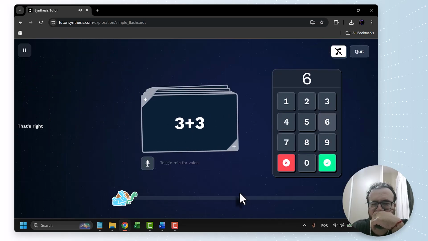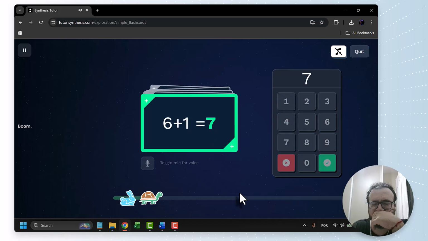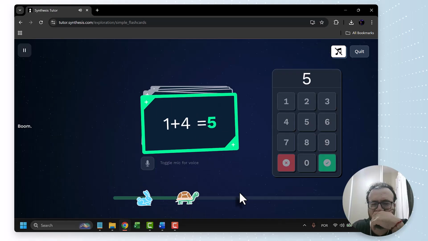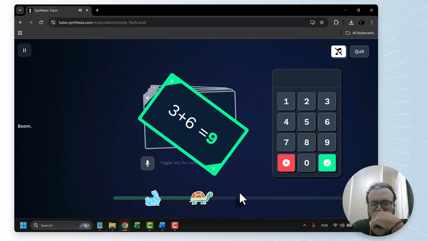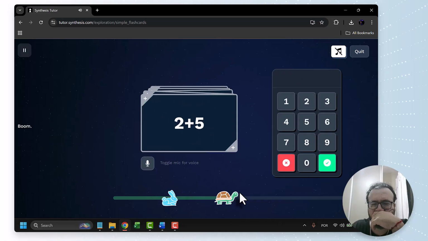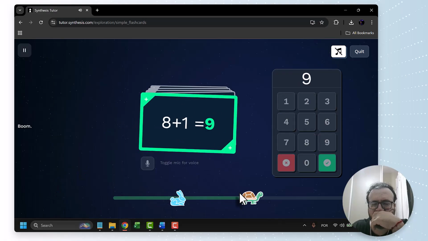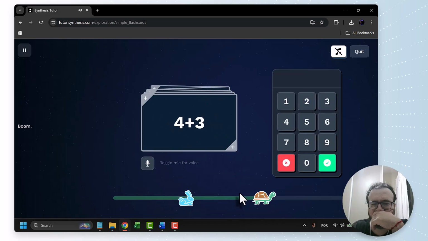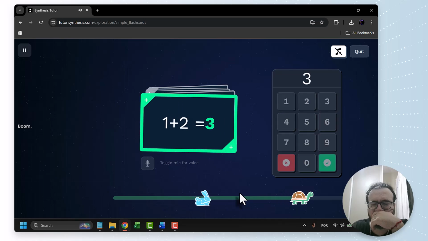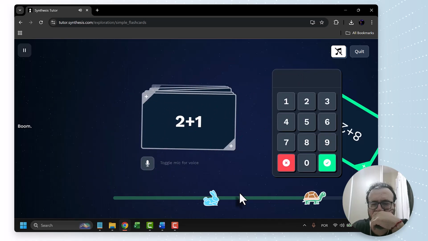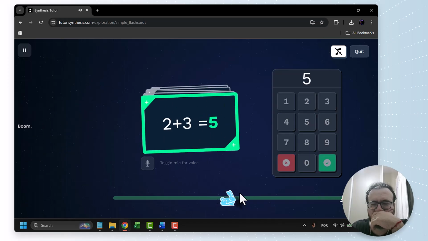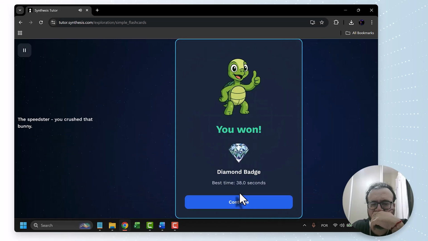That's right. The speedster, you crushed that bunny.